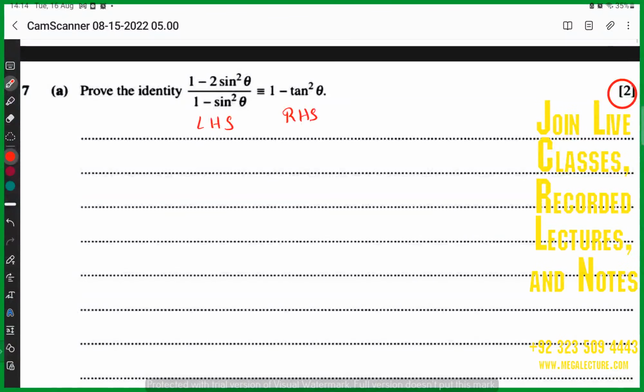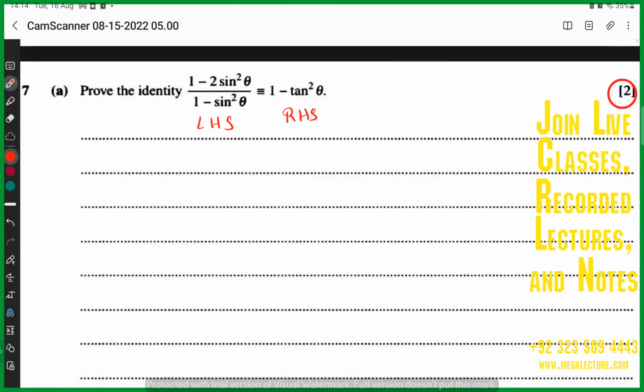Now, what do I get to see? I have two sides of the identity right in front of me, and I can clearly see that the left hand side is expanded and the right hand side is simplified. If I start off with the right hand side, I would have to expand that. So a better idea would be that I start off with the left hand side, I try simplifying it in such a way that I finally end up getting 1 minus tan square theta.